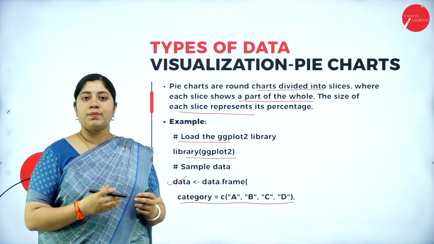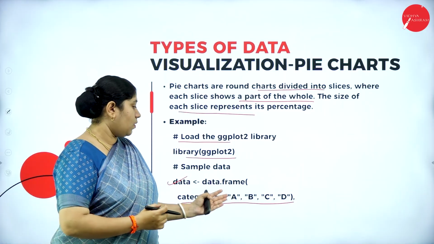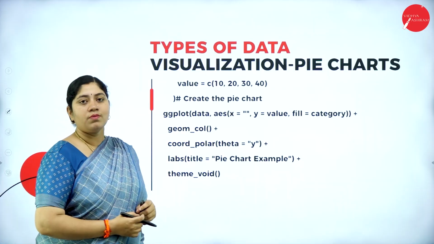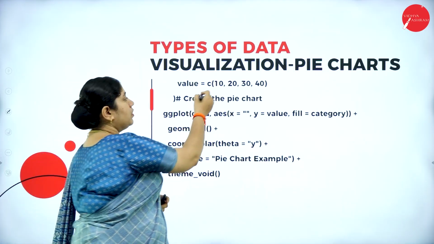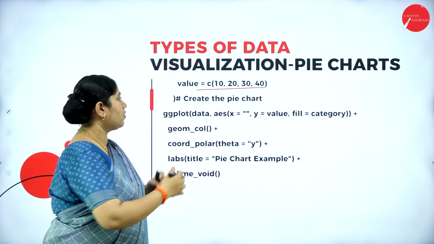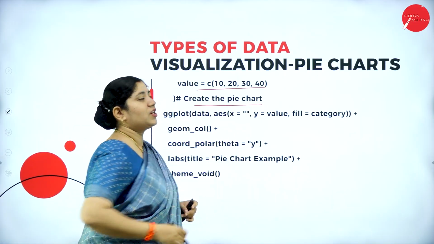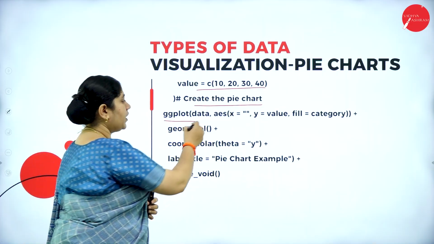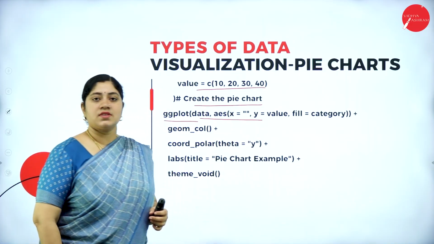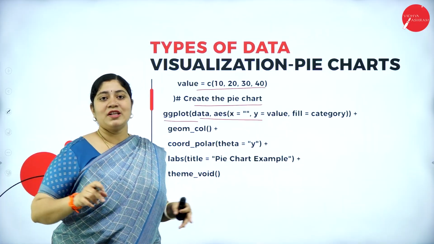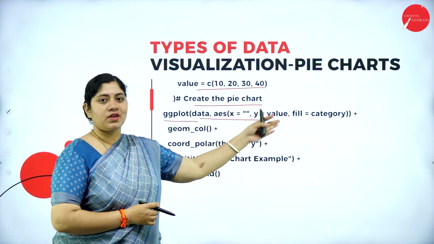I'm first representing a vector of 4 values, that is A, B, C, D, then followed by one more vector that's representing values, then followed by creating a pie chart. So how to create that? We have to define ggplot followed by data. I'm defining the x and y axis values, and the fill, what is the slice? It should be filled with the category.